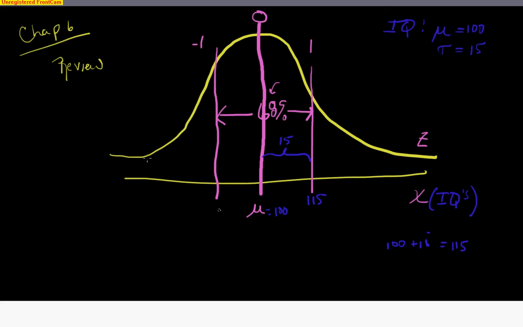One standard deviation below the mean would be also 15 points below, so 100 minus 15 is going to bring us to 85. So we know that 68% of the population has an IQ between 85 and 115. And that's how we use the normal distribution curve.